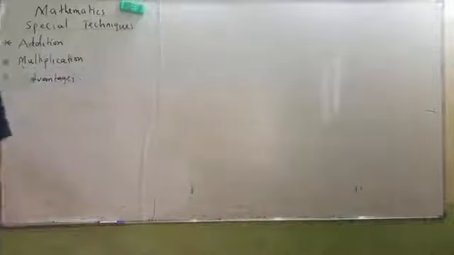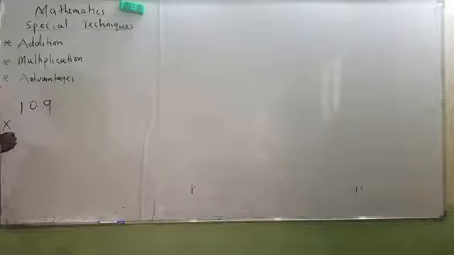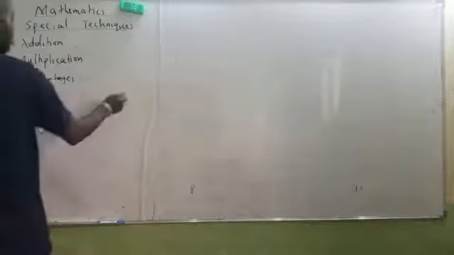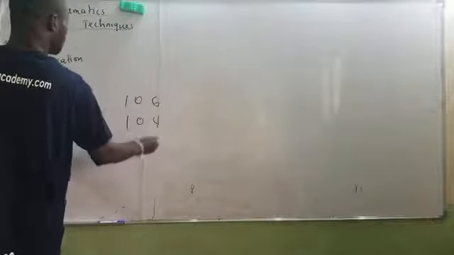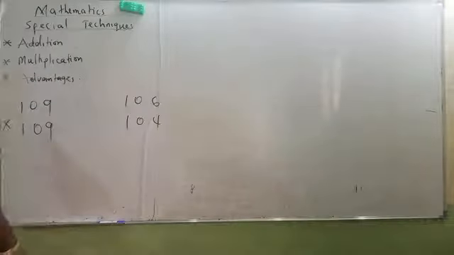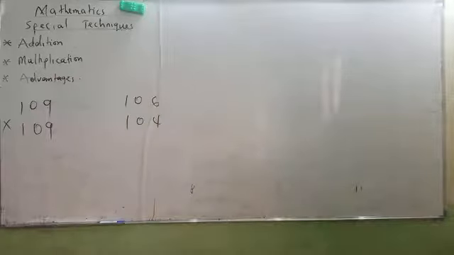Now look at this number. For instance, I have 109 multiplied by 109, and I have 106 multiplied by 104, and also, let's try to work along with these numbers.